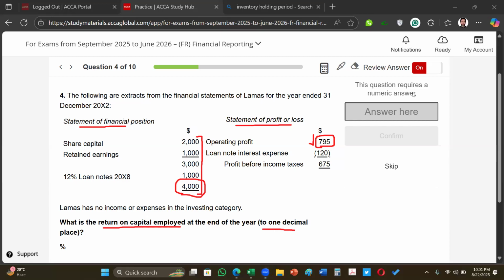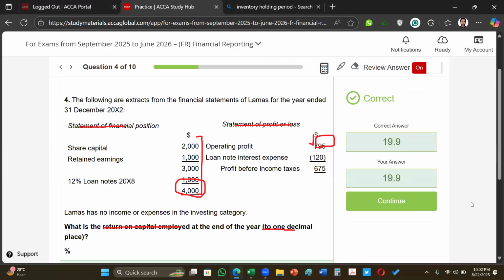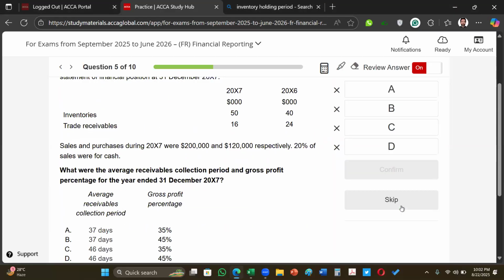That's why I told you that we could. So that is 19.9. So that is the right answer. That was easy because we have already done the ROCE. So moving on quickly to the next question. I hope we are fine. Yes, everyone. Okay, excellent.